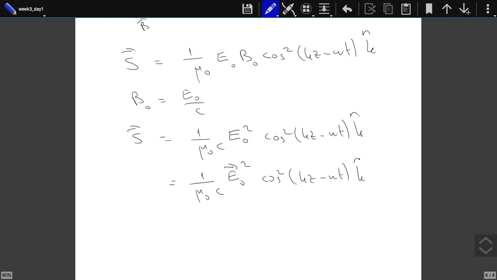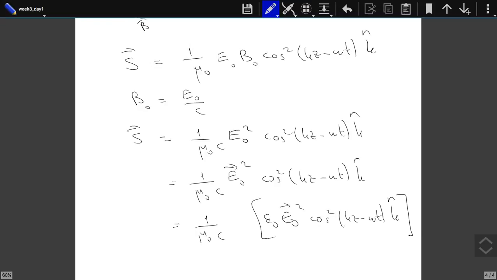Well, we can write this in terms of the energy density. You see, energy density was 1 over, there's no 2, epsilon 0 E0 squared cosine squared (kz minus omega t). This is our energy density.